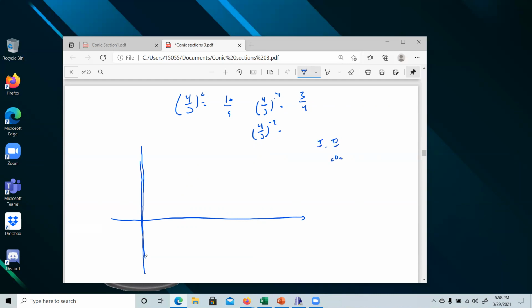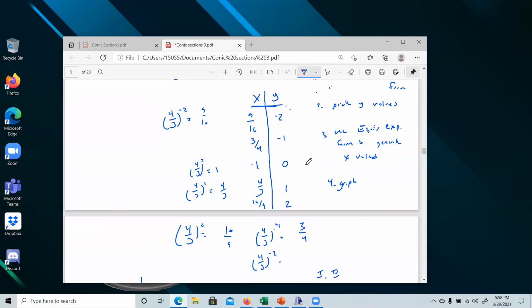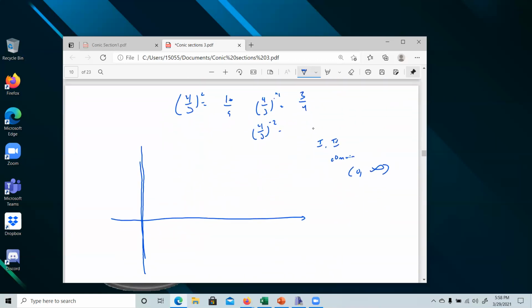Our domain is 0 to infinity, because we can pick any of these numbers. Our y values, though, are going to be plus and minus, so the range is negative infinity to positive infinity.